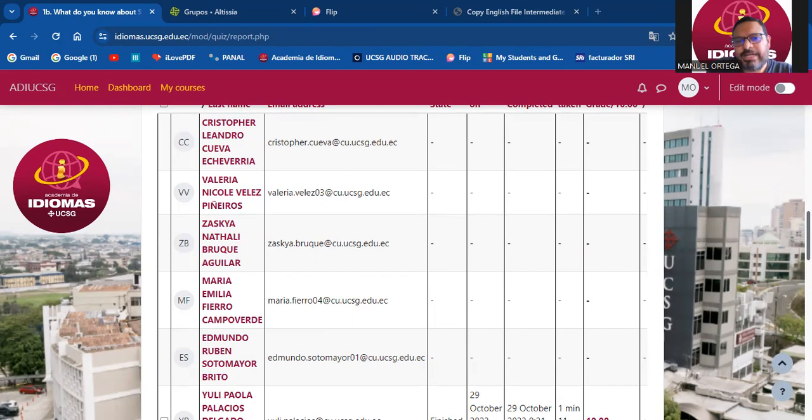Those are the ones that I have missed here. Yes, in my attendance, Sotomayor, Vélez, Cueva. The others, I checked attendance already. Yep.